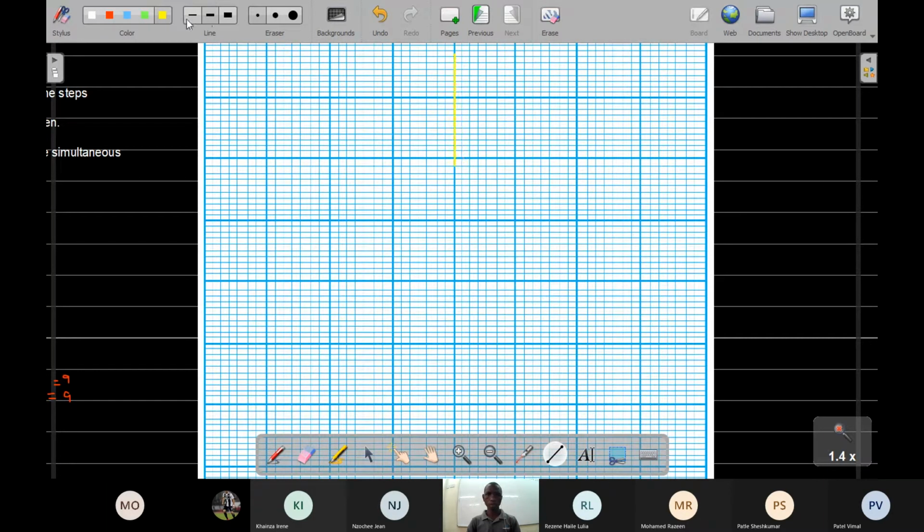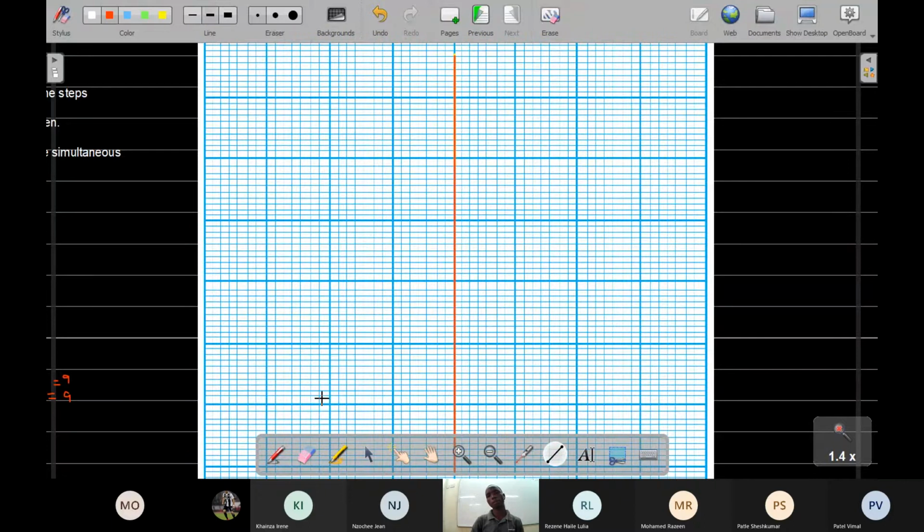Let me try to use red. So I draw my axis. Let me draw the horizontal one. Because I have the coordinates there, we have 0, even 9.